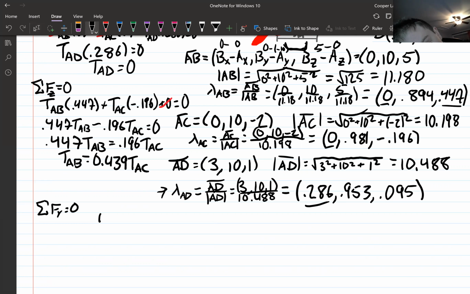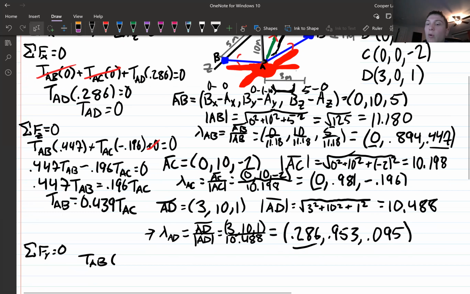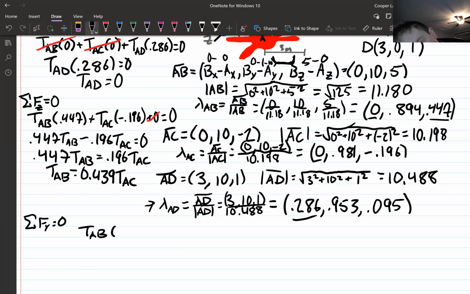So TAB times its 0.894 value plus TAC times its value of 0.98, and then plus TAD, but TAD is 0, so I'm just going to do plus 0.